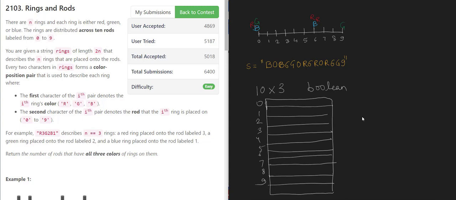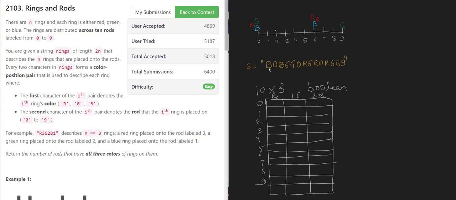Okay, I have drawn one extra row. In each row, we have 3 columns. The first column is to mark whether R is there or not. So we can say index 0 is for R, index 1 is for G, and index 2 is for B, RGB.